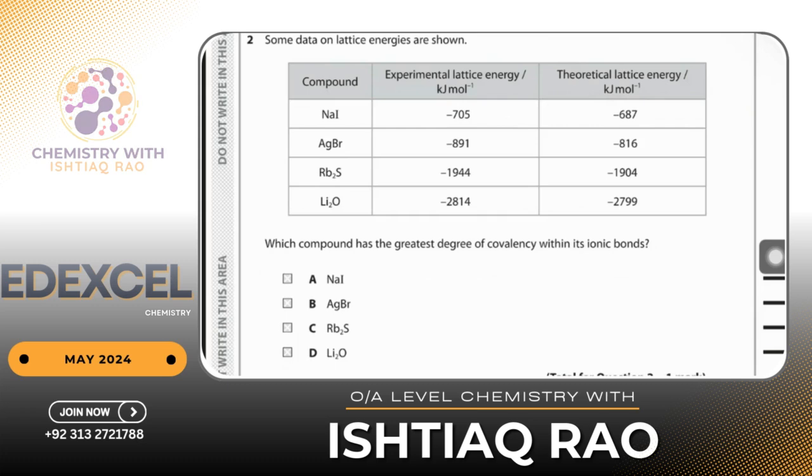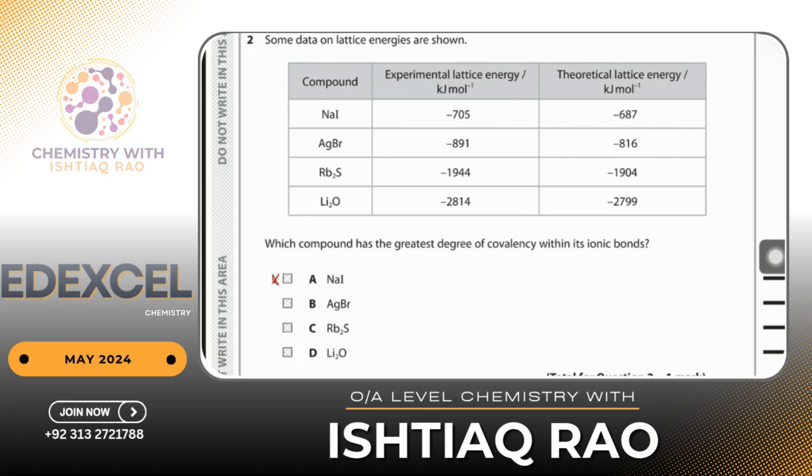A says NaI. Its experimental lattice energy is minus 705 and theoretical lattice energy is minus 687, so this is going to be incorrect.